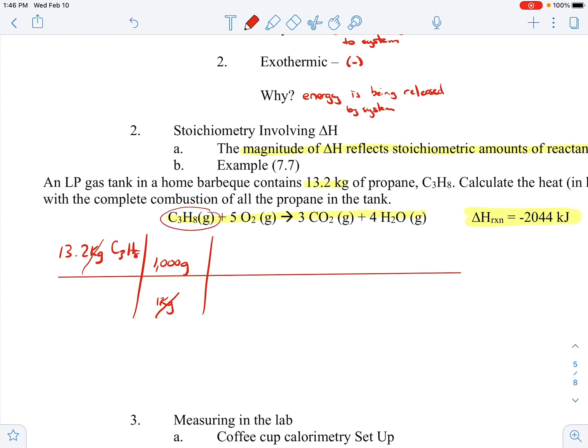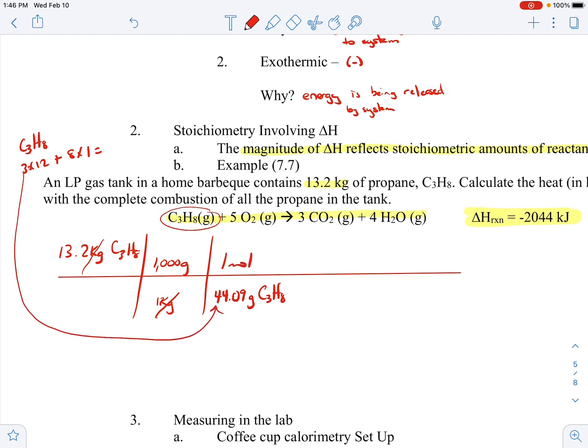So we need to go from grams to moles, and we do that by dividing by the molar mass. As a little aside, C3H8, if I take 3 times 12 plus 8 times 1 and add those up, we get 44.09 grams as our molar mass of C3H8. And we've got 1 mole up here. That's what we did right there. So 1 mole of C3H8.